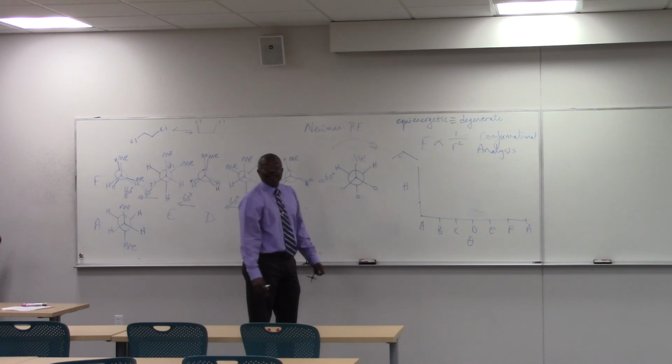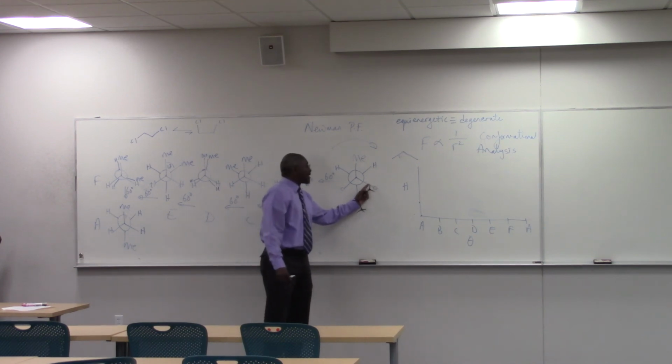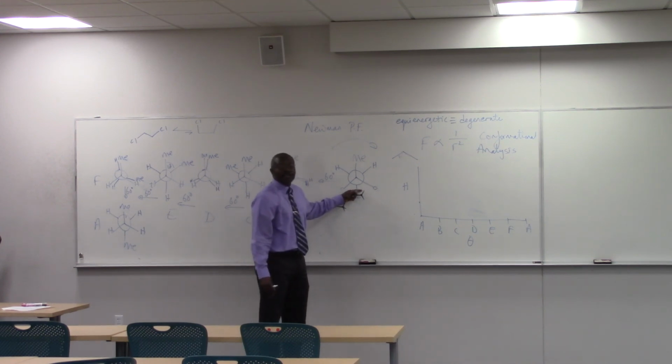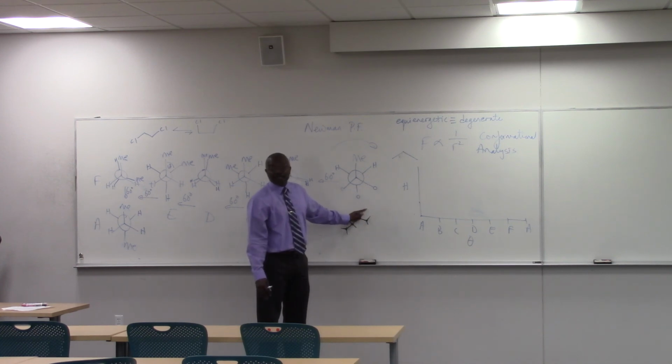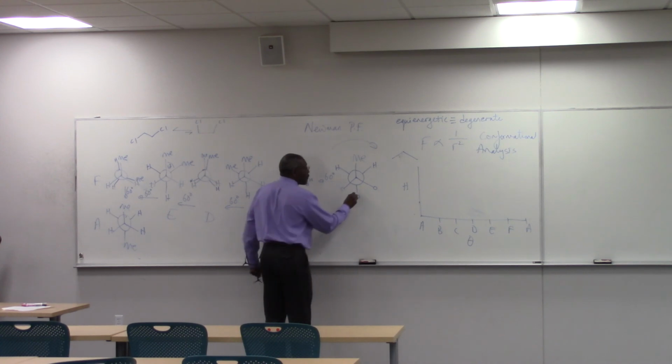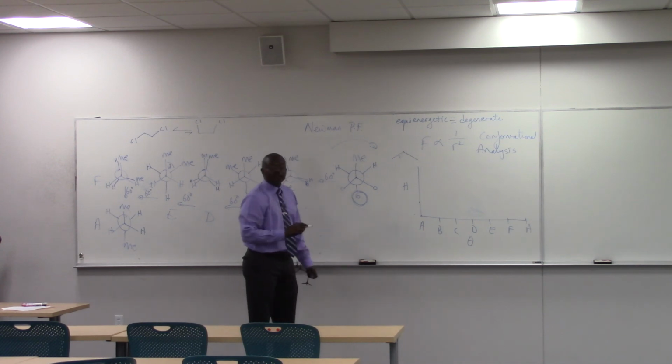Really, they didn't. They're tiny and at a dihedral angle, a separation of 60 degrees, they're barely aware of each other's existence. But when I make this group CH3, these feel each other.